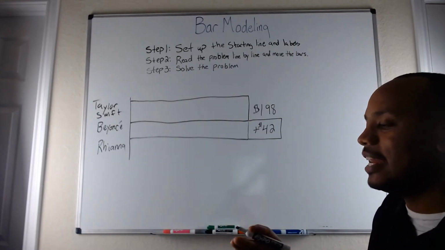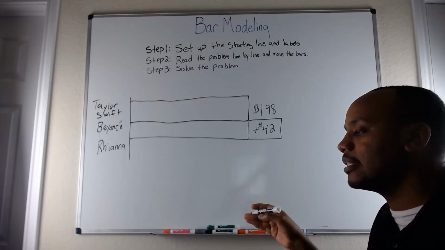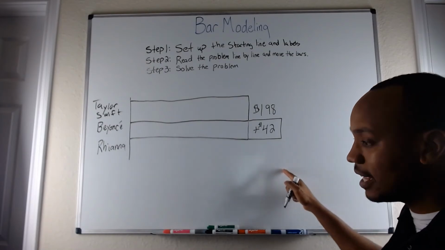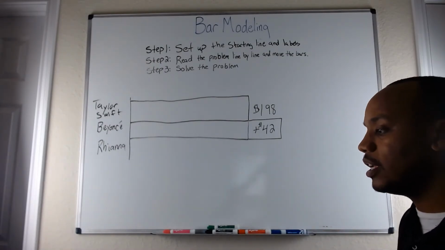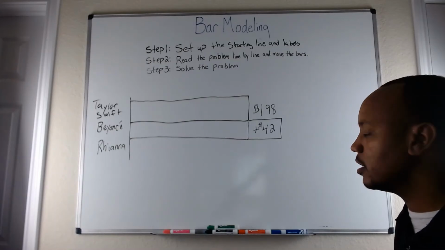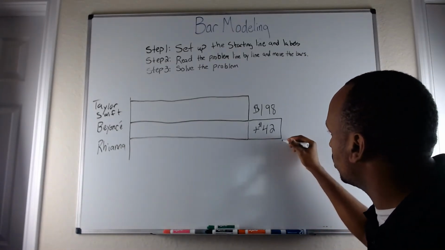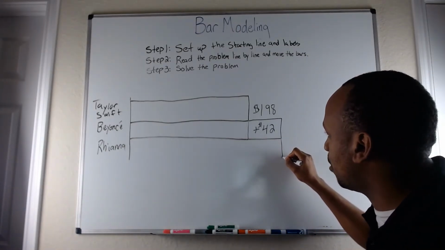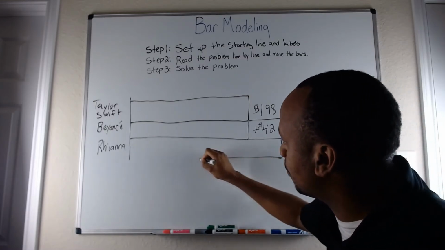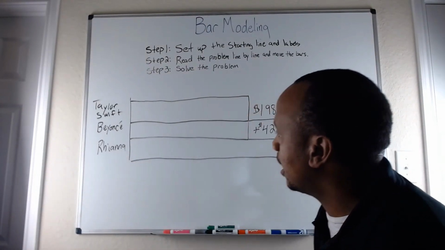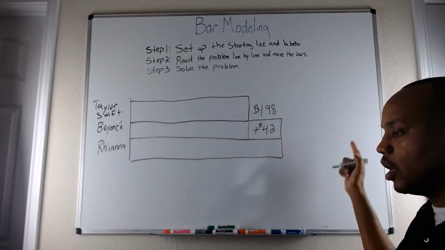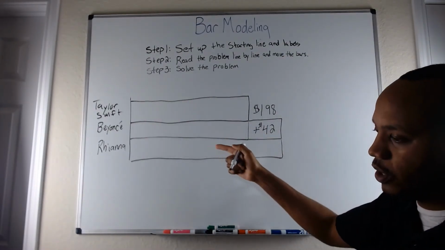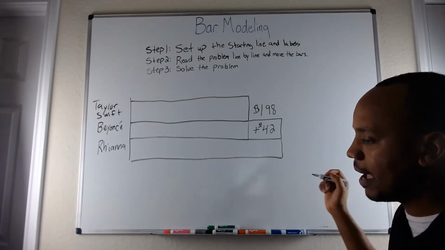It says $80 less than Beyonce, which means you need Beyonce's bar to figure out Rihanna's. And since you need Beyonce's bar, you're going to clone Beyonce's bar for Rihanna. And this time, instead of extending it out, you're going to contract Rihanna's bar back in. You're going to bring it back in.